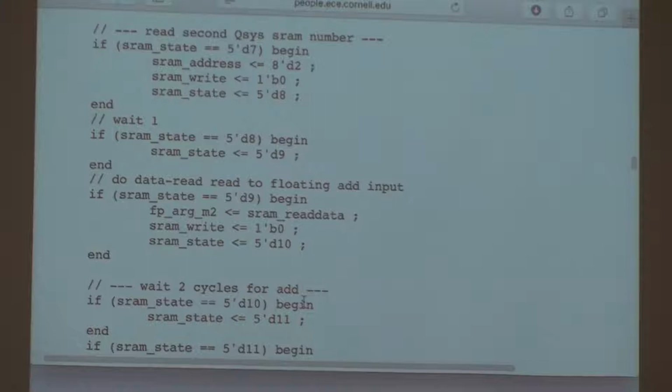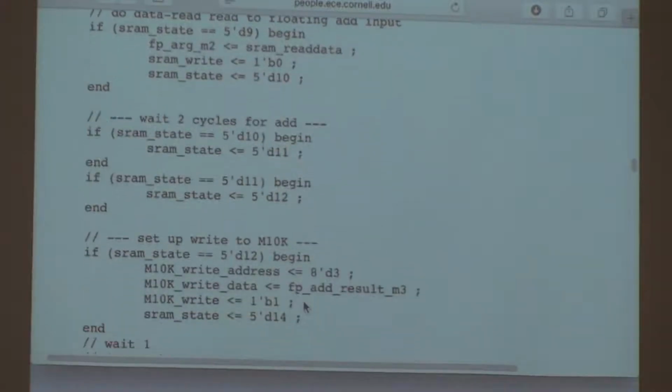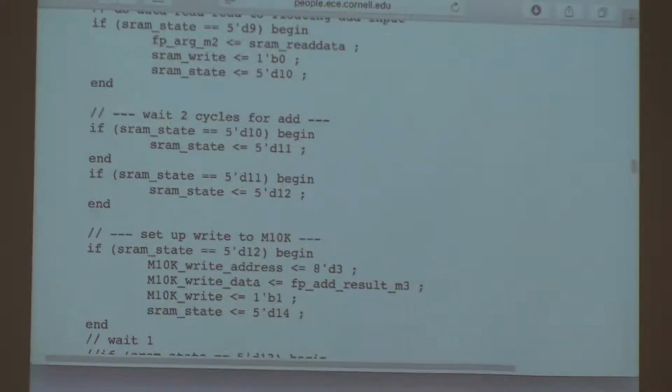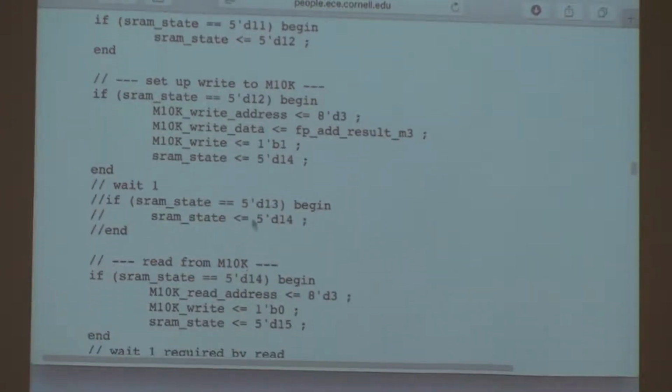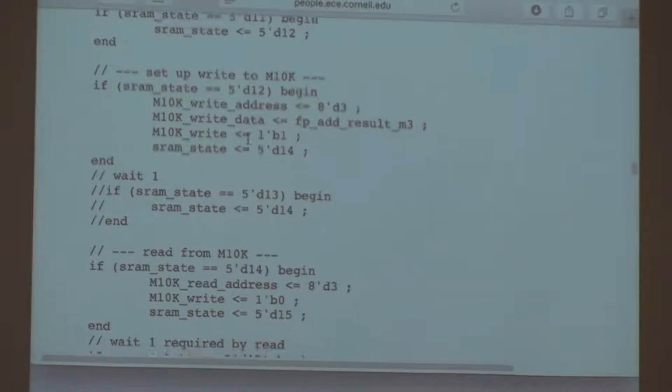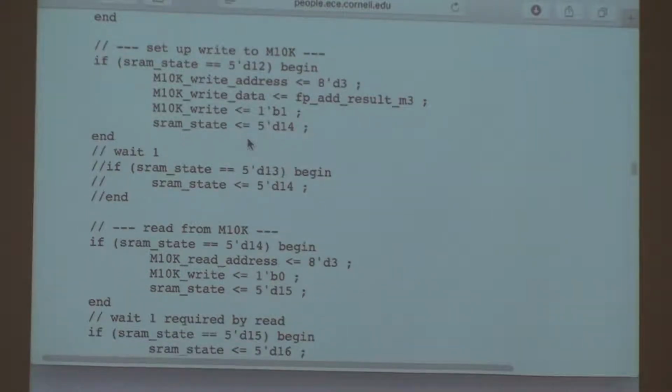Again, I ran out of time and I had an error, and so I put an extra wait state in here, but I don't think you need that second wait state for the add. Then we write to M10K by using the M10K write address to 3. We put in the floating point result there. We don't wait because it turns out it's not necessary.